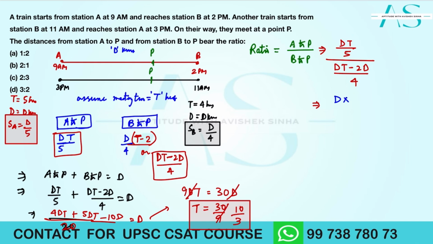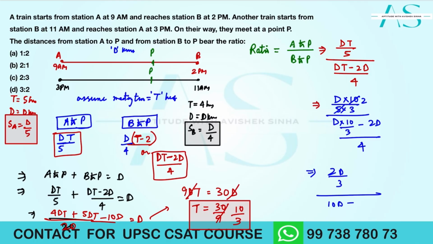So d into 10 by 3 upon d into (10 by 3 minus 2) by 4. Let's simplify this by 2. So this is 2d by 3 at the top, and at the denominator we have (10d minus 6d) by 4 into 3. So this 3 and 3 gets cancelled out.